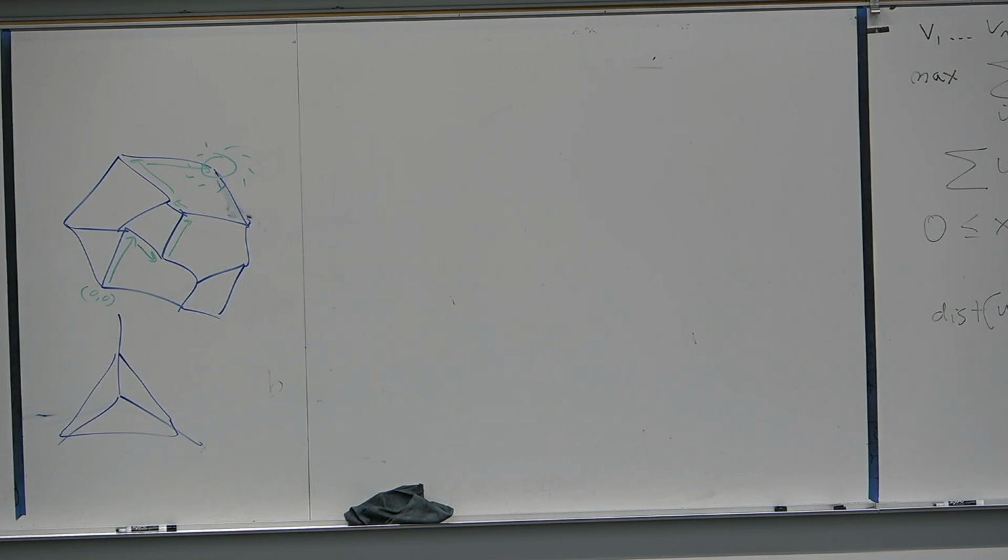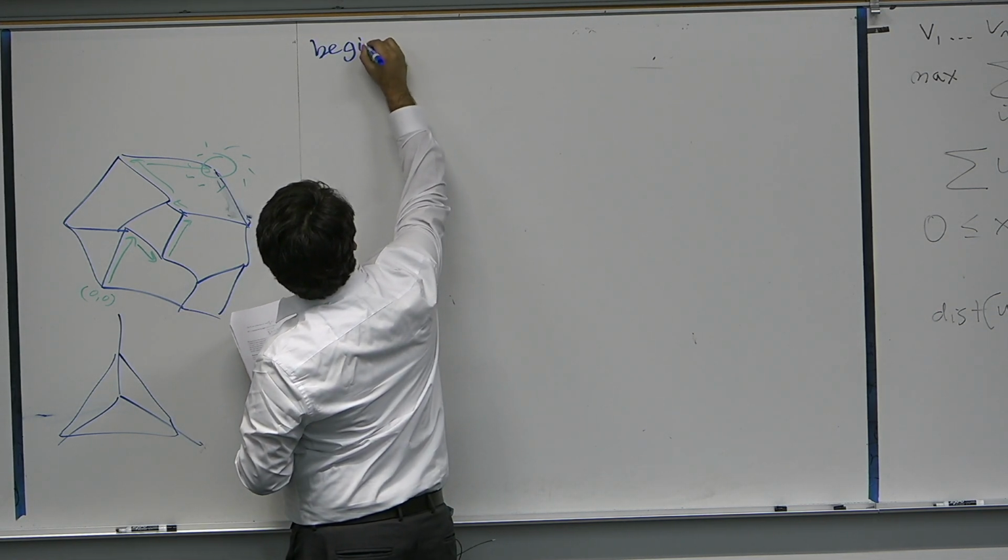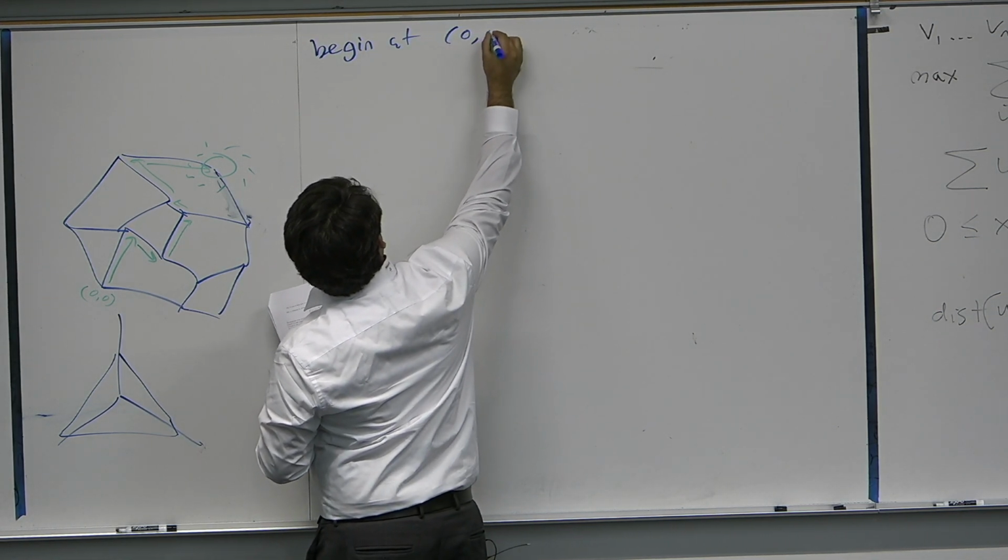Something like this. All the simplex algorithm does is, I mean, this is it. To give you more detail, I could write it at a high level like this. Begin at 0, 0.